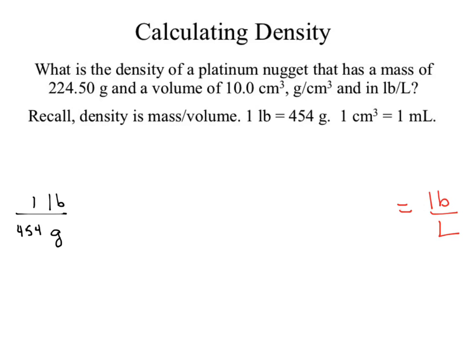This is fantastic. I'm working towards an answer. But at the same time, what have I screwed up? I have grams in the denominator. Do I want grams in my answer? No. So what has to happen in this next step? I want to cancel that gram value. Okay?